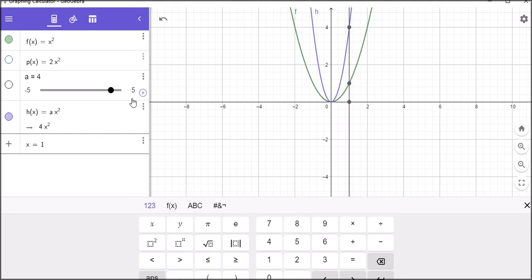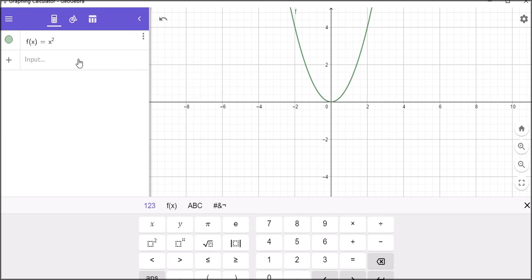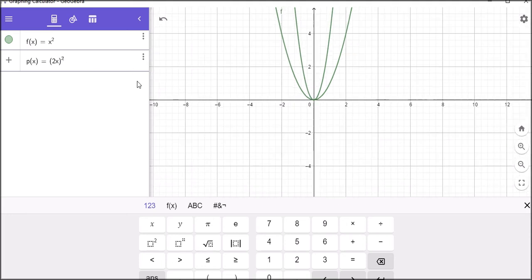Next, we are going to change k. So delete that, so we don't get confused. And I put in another function like (2x) squared. So here k is 2.